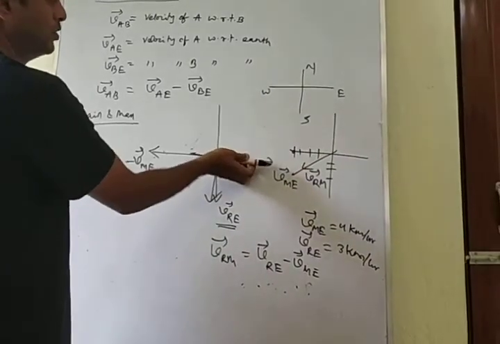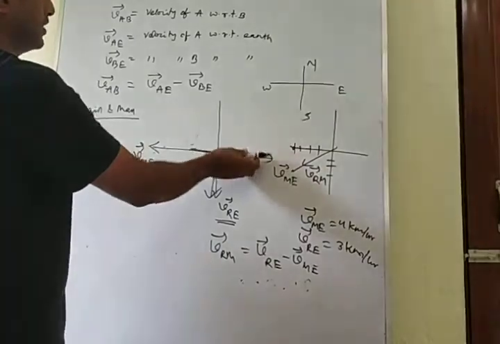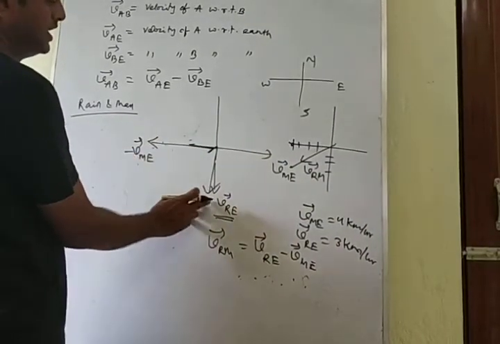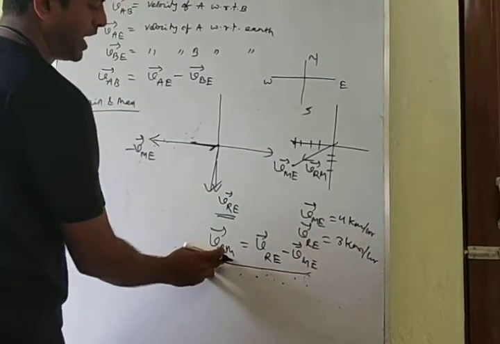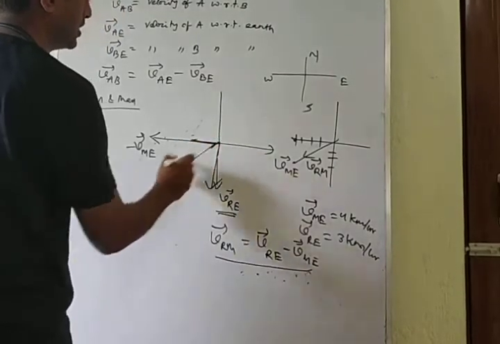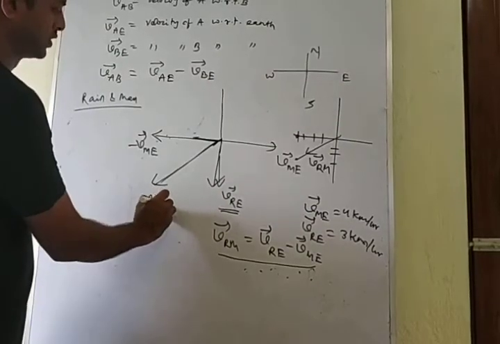In vector, we change by an angle of 180 degrees or multiply by a minus sign, so it will be a negative vector. So velocity of rain with respect to man will be velocity of rain with respect to earth minus velocity of man with respect to earth. So this is the velocity of rain with respect to man.